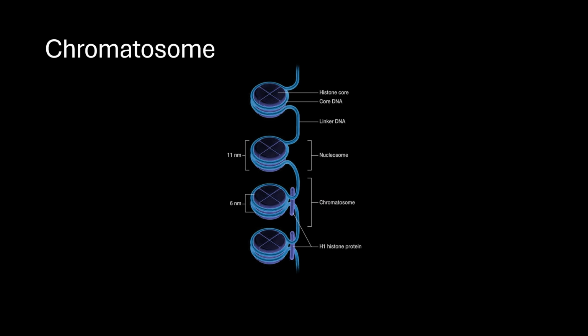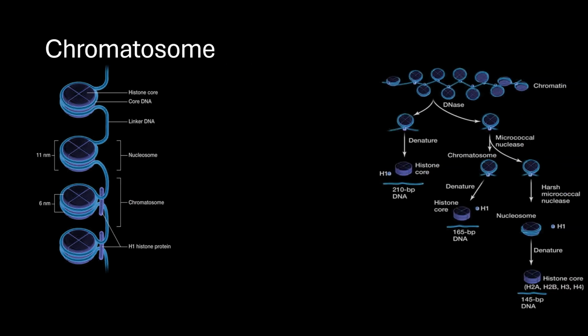You might have noticed that the chromatosome contains a much longer portion of DNA than the nucleosome, and this is because the H1 interacts with some of the linker DNA, about 10 base pairs on each side, so 20 in total. The main distinction between nucleosomes and chromatosomes came from experimental research shown in this diagram.